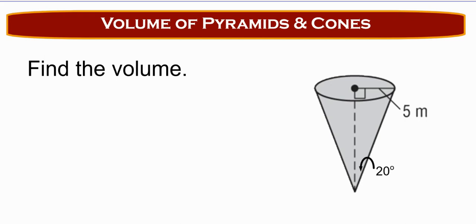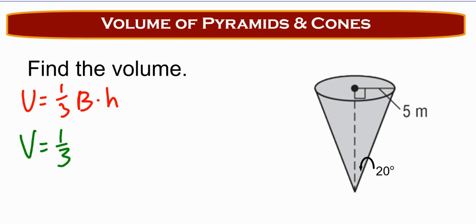So let's find the volume of this cone. The volume of a cone is 1/3 area of the base times the true height. So volume equals 1/3. Well, the area of the base is this area of a circle, so that is pi times radius squared.